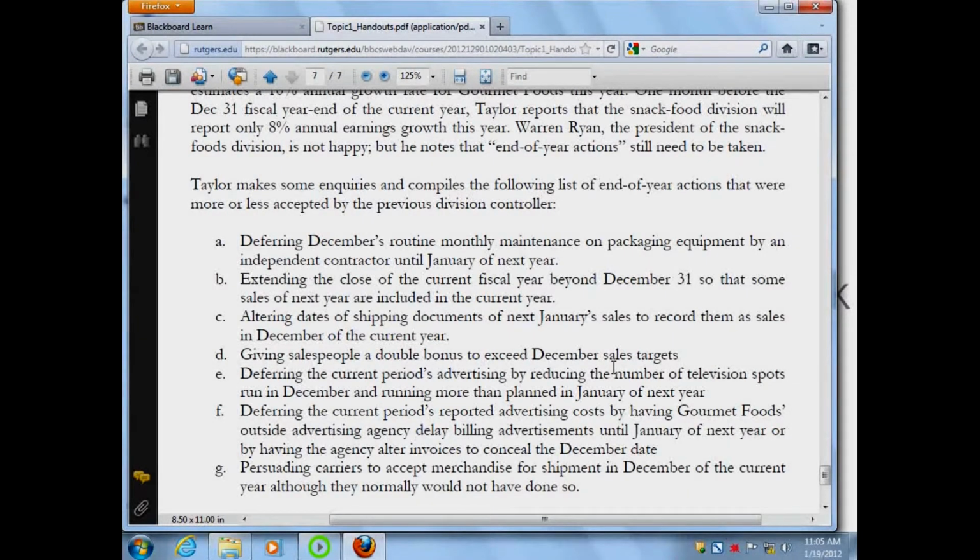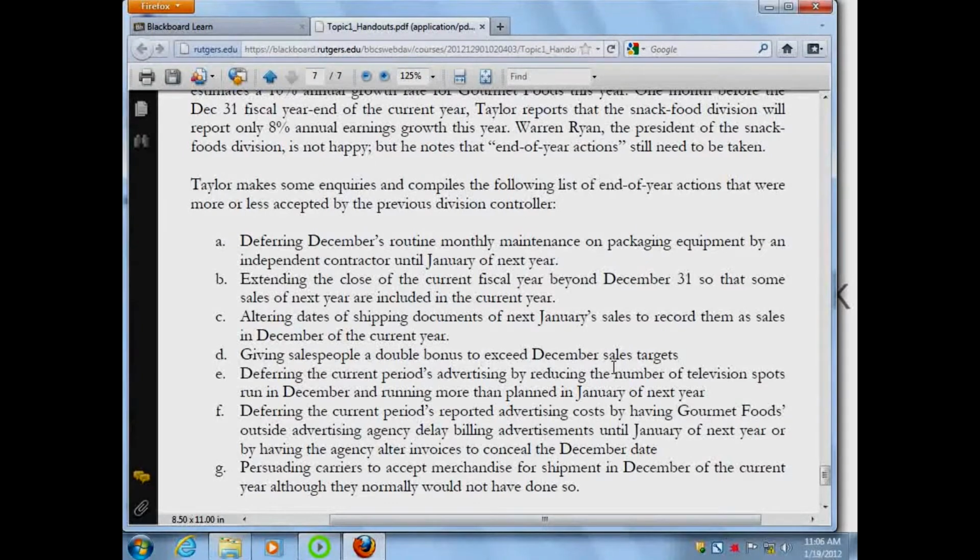So if you did B, but then you reported on the financial statements that your fiscal year was only 365 days, well, that's fraud, right? Because you do one thing, but you report something else. So this is like B, because you're doing one kind of economic transaction, but you're just changing the reporting in order to make it seem as though it were a different kind of economic transaction.